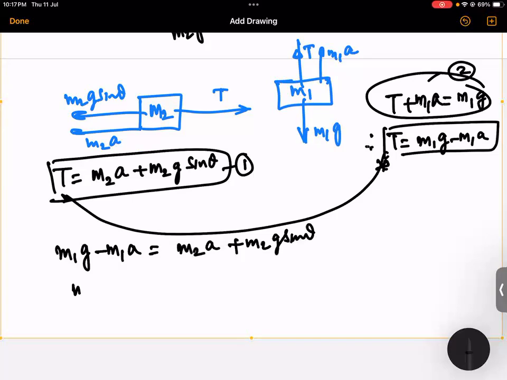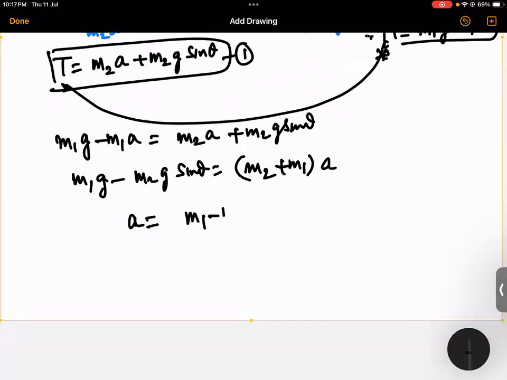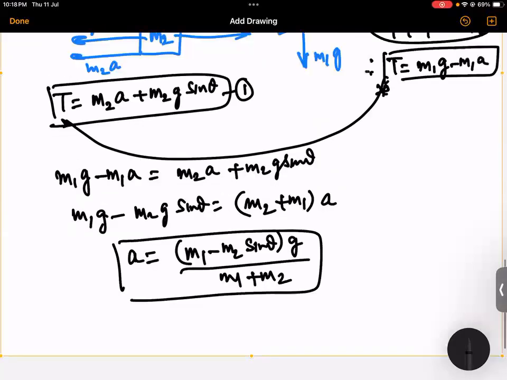So in total you are getting M1g minus M2g sin theta equal to (M2 plus M1) into a. Therefore a equal to (M1 minus M2 sin theta) whole g divided by (M1 plus M2). So this is your acceleration.